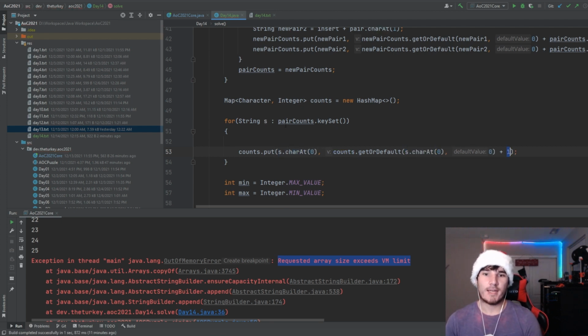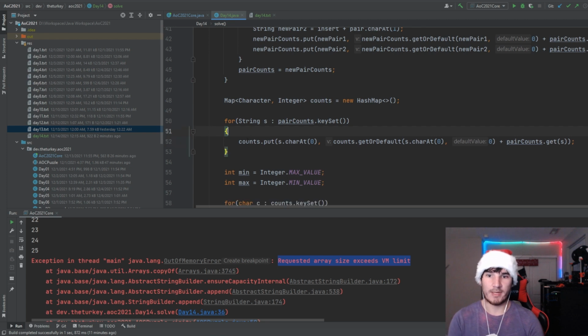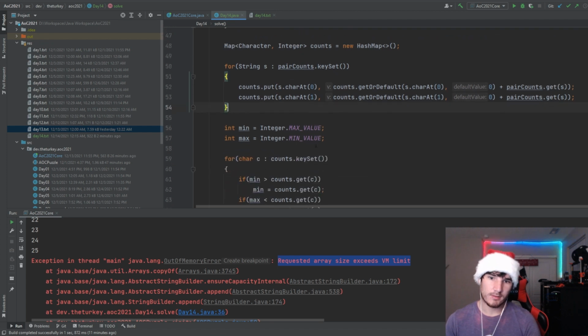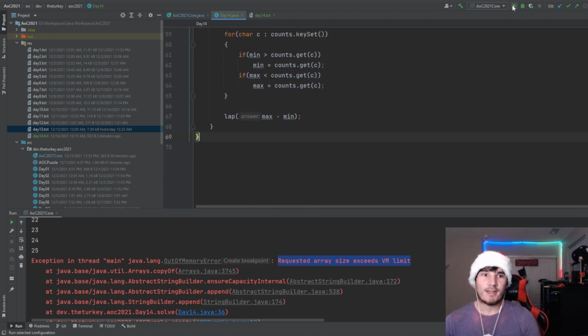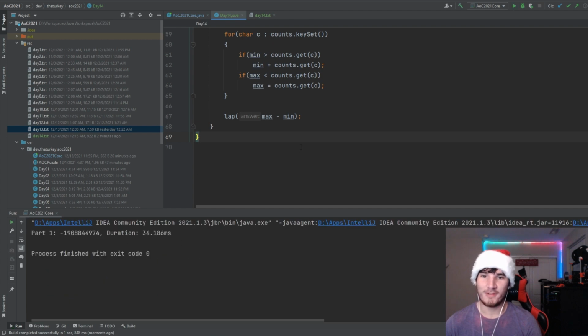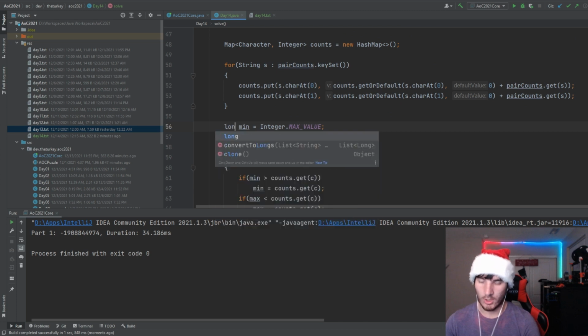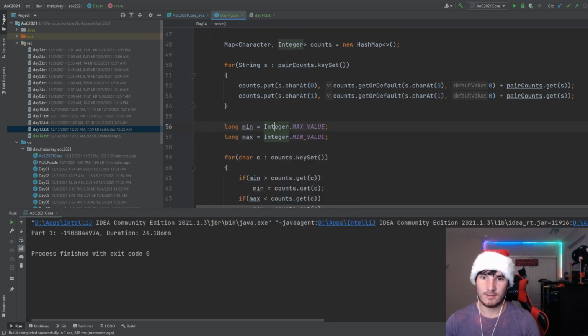And this is going to be instead plus pair counts get S. That's where we're adding on how many of these there are. Do the exact same thing for this one. And now, if we run this, fingers crossed, this goes much faster. It's not long enough. We need longs instead of ints.